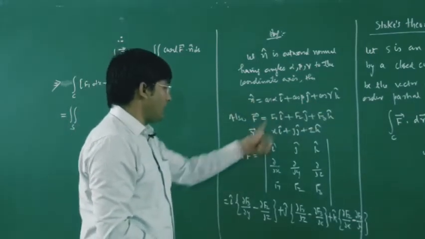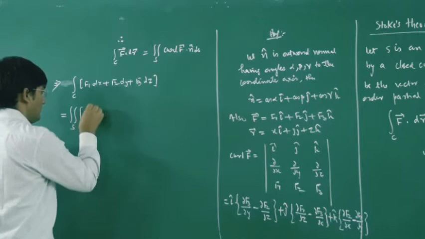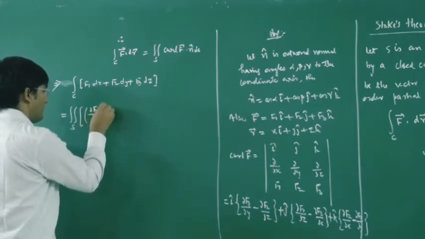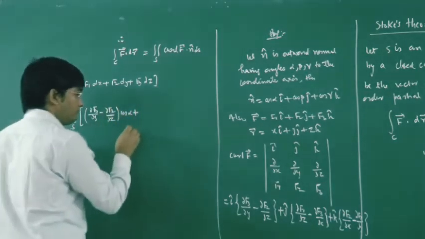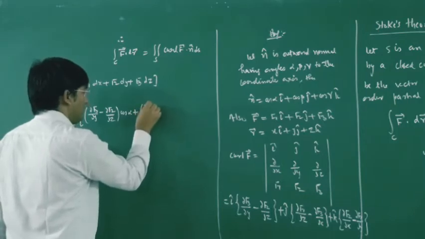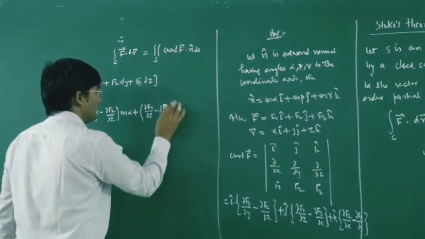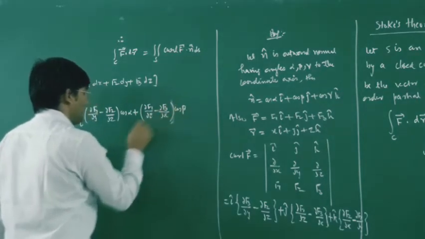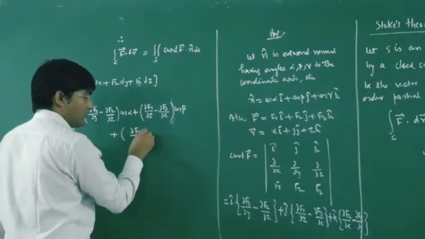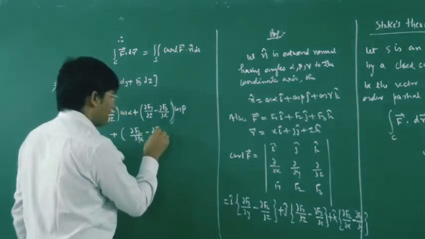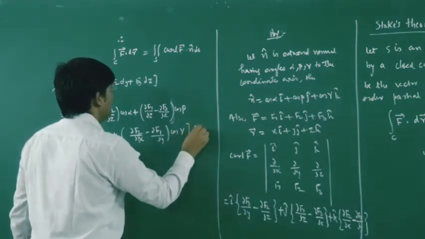So curl F dot n will give you (del f3 upon del y minus del f2 upon del z) into cos alpha, then (del f1 upon del z minus del f3 upon del x) cos beta, then the third term (del f2 upon del x minus del f1 upon del y) cos gamma, and outside we will have ds.